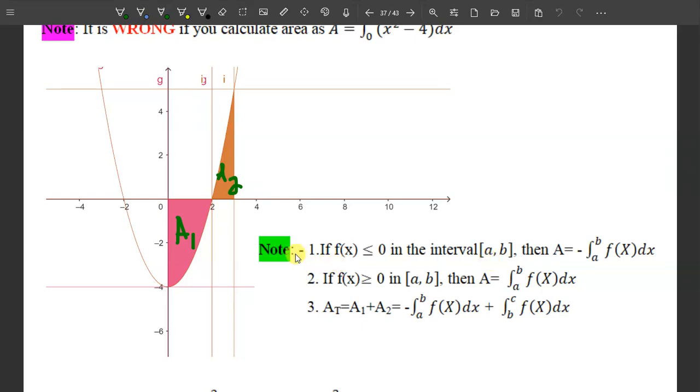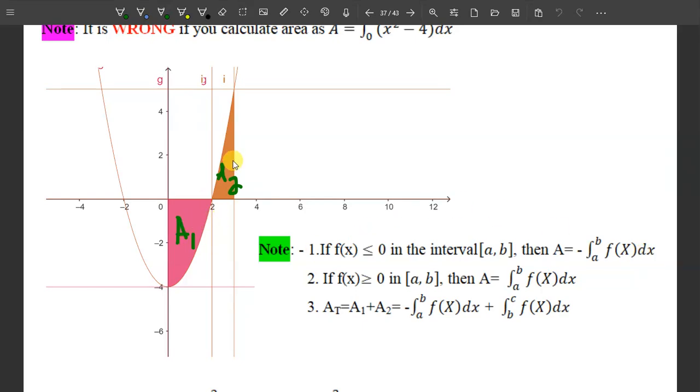Note here, number 1: if f of x is less than or equal to 0 in the interval a up to b, then the area is always given as minus the definite integral from a up to b of f of x dx. That is the area, since the area is always positive.